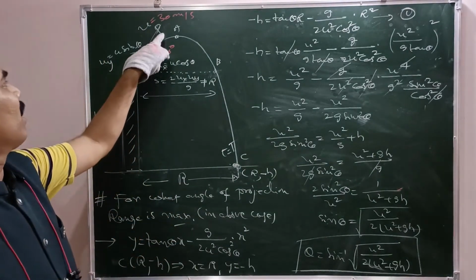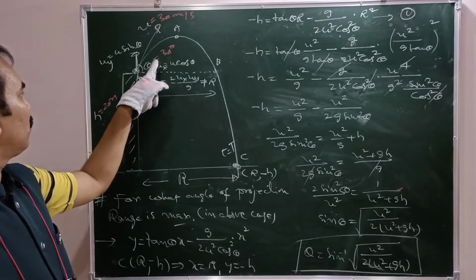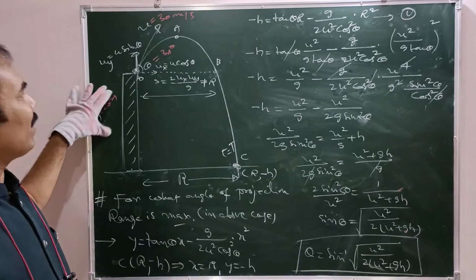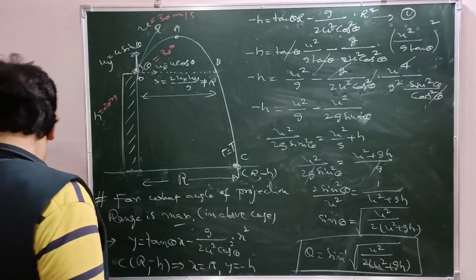For this numerical, with u equal to 30 and height equal to 20, what is the angle for which range is max? Replace here for this coming numerical.